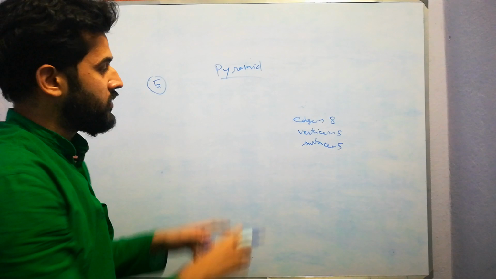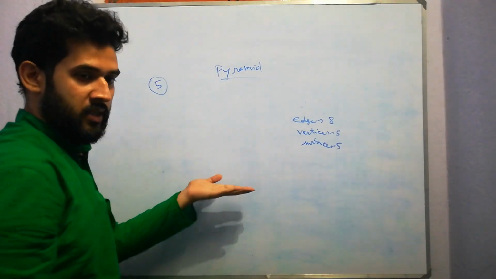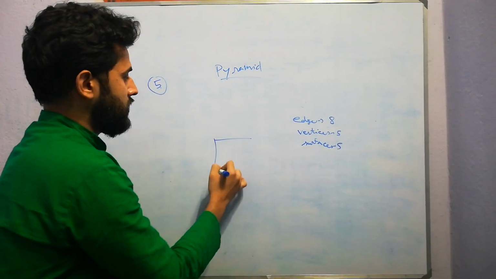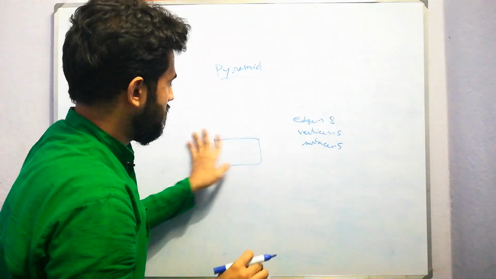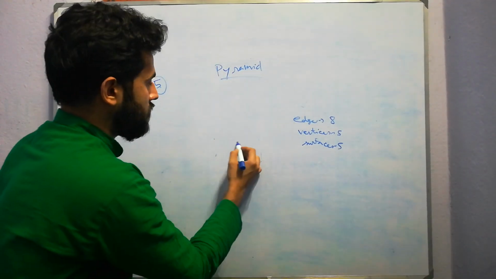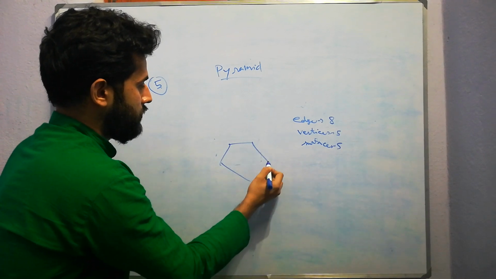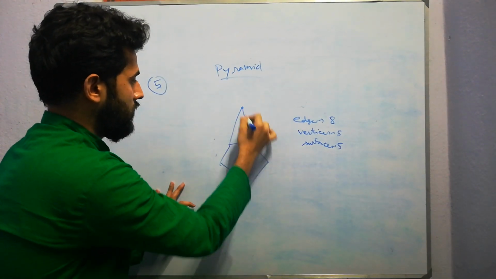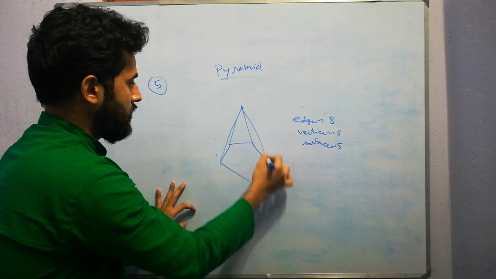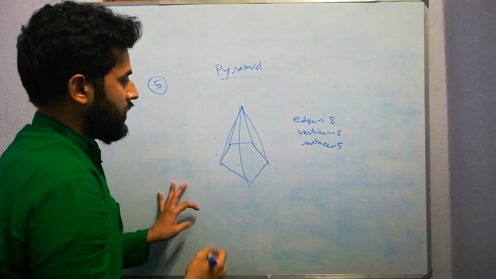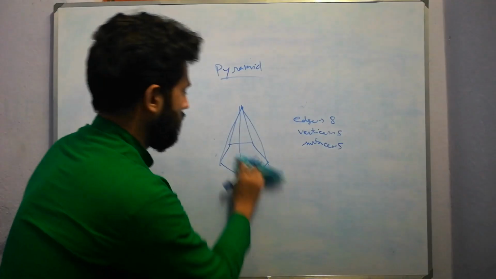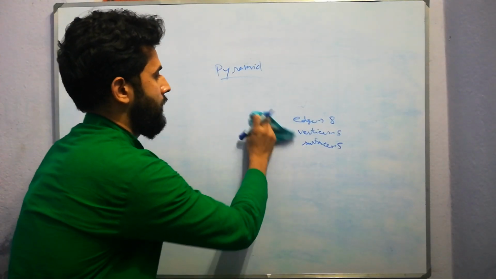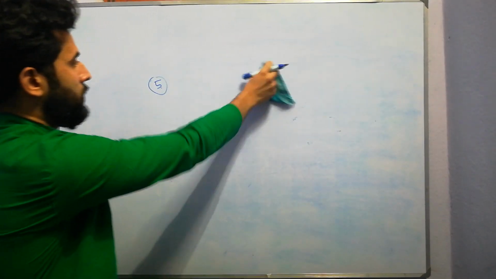If the base is rectangular like this, then it is called just a pyramid. But there are pentagonal pyramids also, like this. It will look like this. In this case you have to count it like that. So we are done with the pyramid.